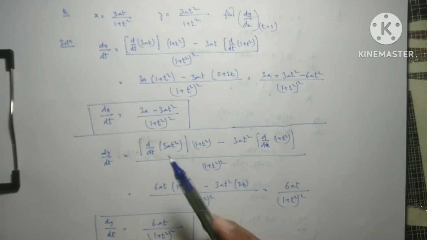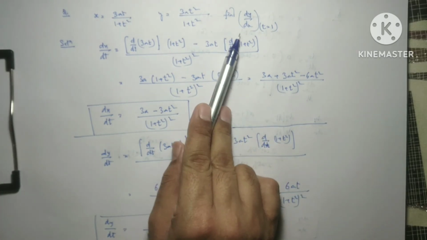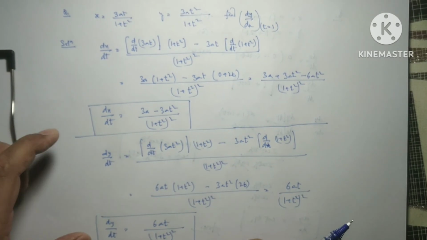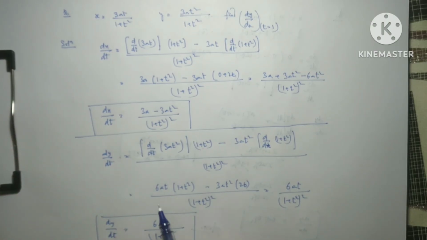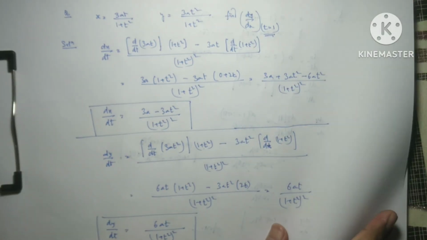So right now you have the value of dx by dt and dy by dt, and you want dy over dx. So divide these two, and after getting the expression in terms of t, meaning dy over dx in terms of t, put the value t is 1.